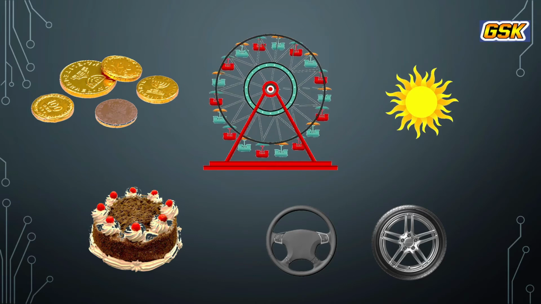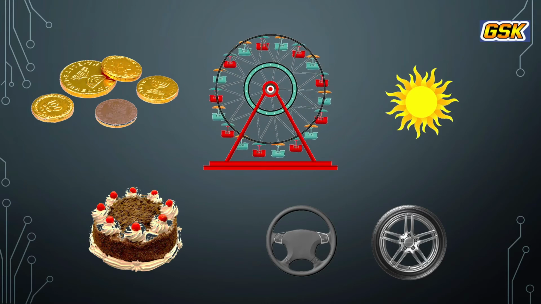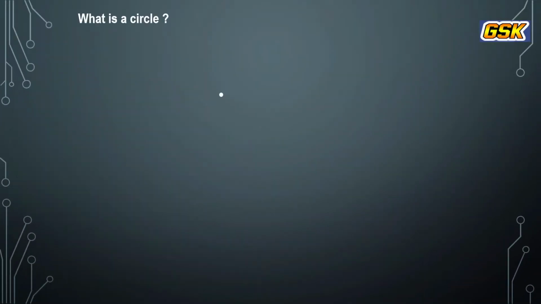Now I will define circle. What is a circle? Let us take a point. We call it a fixed point. Let us take another point with some distance. With the same distance, take a group of points.